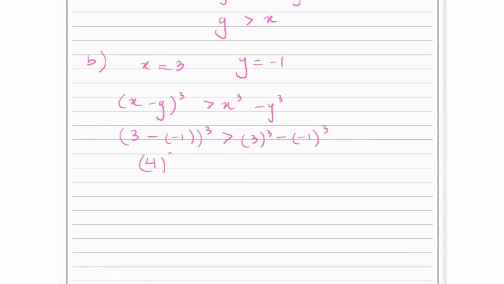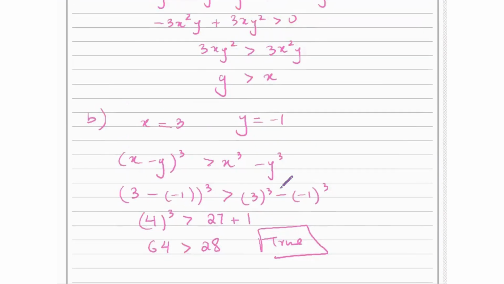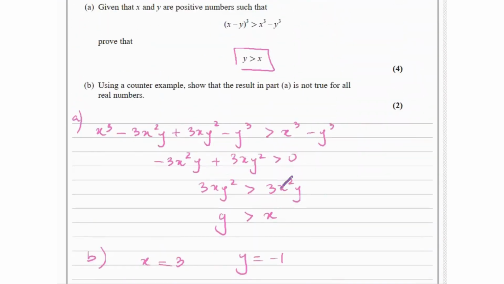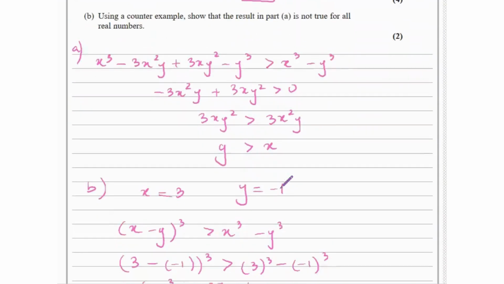So 4³ is greater than 27 plus 1. 4³ is 64. 64 is greater than 28. So it is true. What the question was suggesting was to show that the result in part A is not true for all real numbers, and that's true. It is not true for all real numbers.